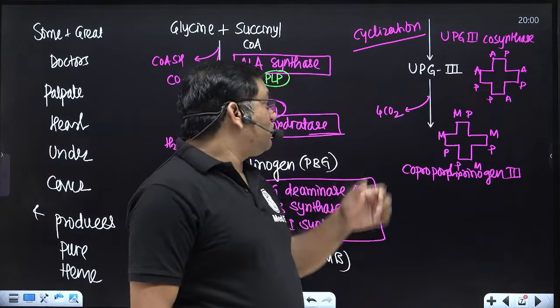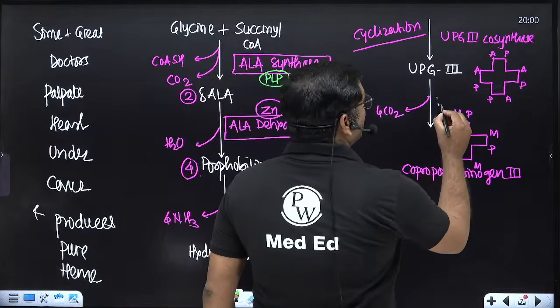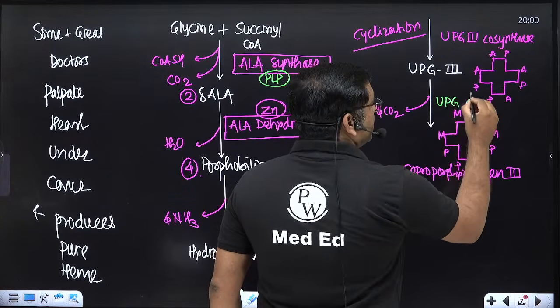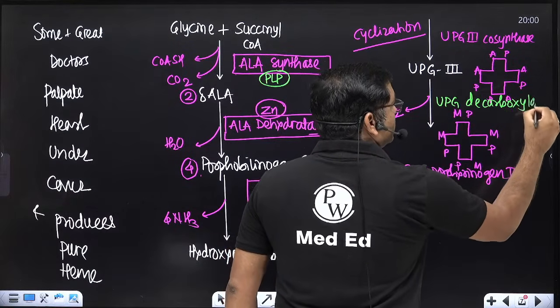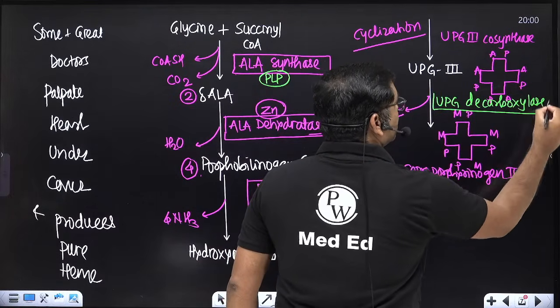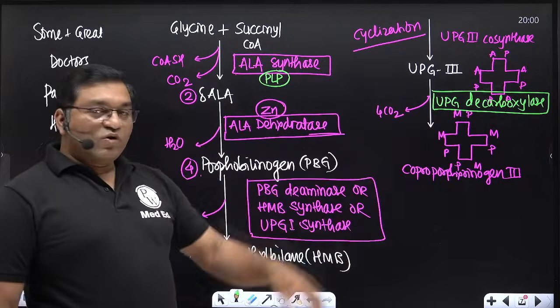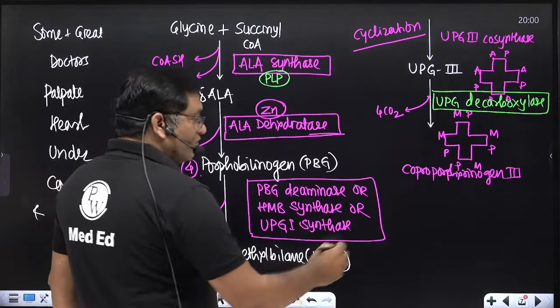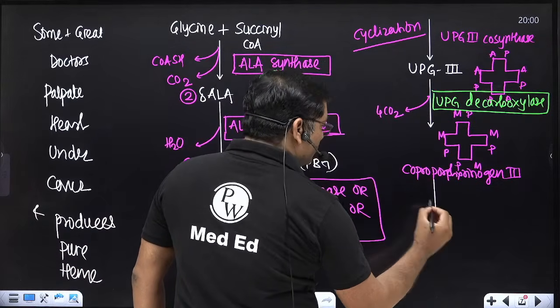There is liberation of 4 molecules of CO2, and here the enzyme is uroporphyrinogen decarboxylase. Okay. Now coproporphyrinogen, by the coproporphyrinogen oxidase, is converted into protoporphyrinogen.